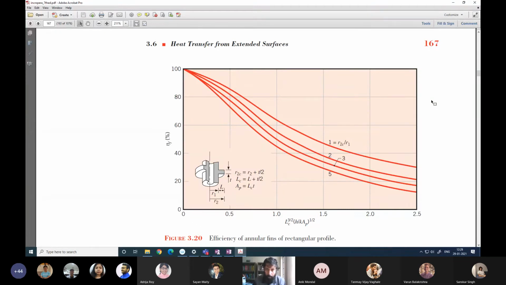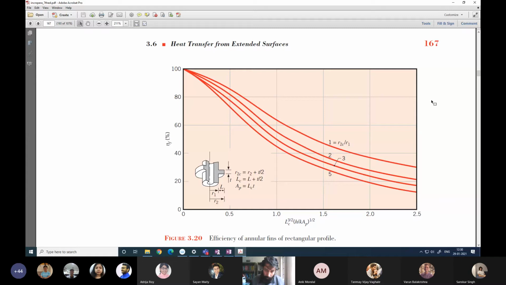So we can write it as (LC cube H divided by K AP), the entire thing to the power half. So LC cube is 1.55 × 10 to the power minus 2, that is LC, cube of that, divided by 0.155 × 10 to the power minus 4.